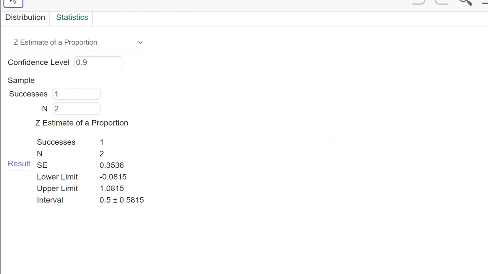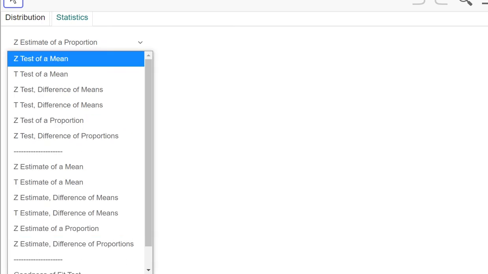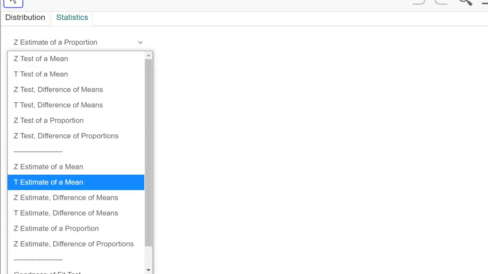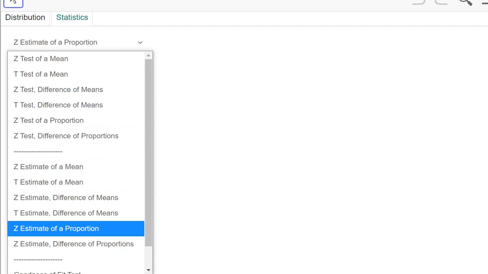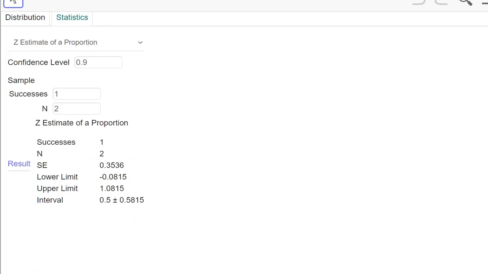In Geogebra here, when you're in the Statistics section, there's a drop-down for a lot of different options. We want z-estimate of a proportion. And all we need to do is indicate the confidence level, which was 95% for our situation, as well as the number of successes and the sample size.